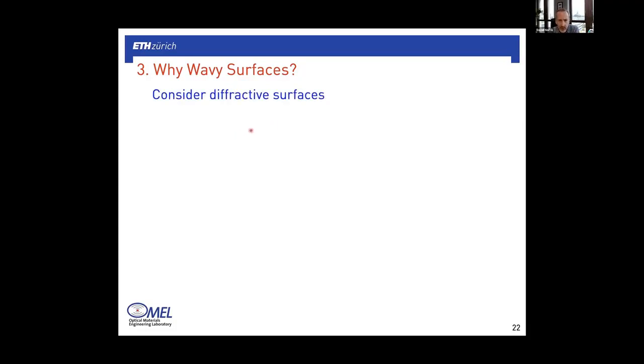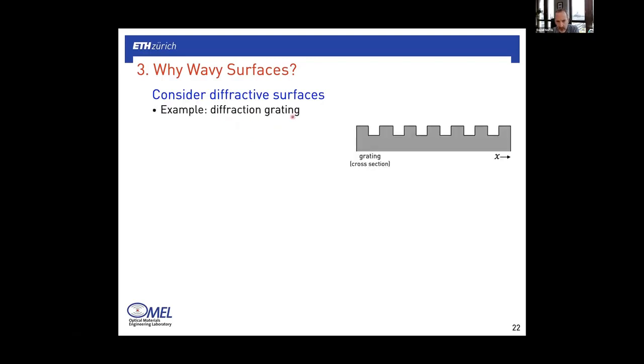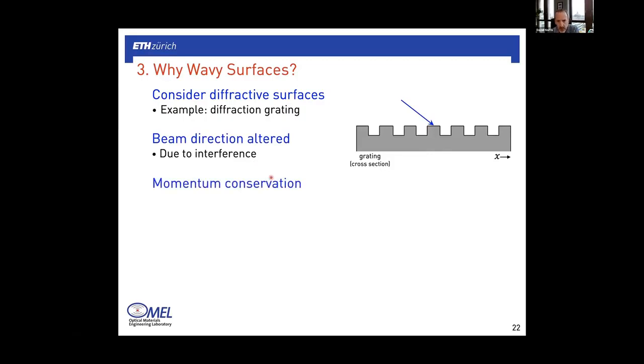And so for this, we can consider diffractive surfaces in general. The example we've been using is a square wave diffraction grating. And we all know that if a beam of light hits such a diffraction grating, its direction can be altered due to diffraction, or essentially due to interference. And we can consider how that happens through looking at momentum conservation.